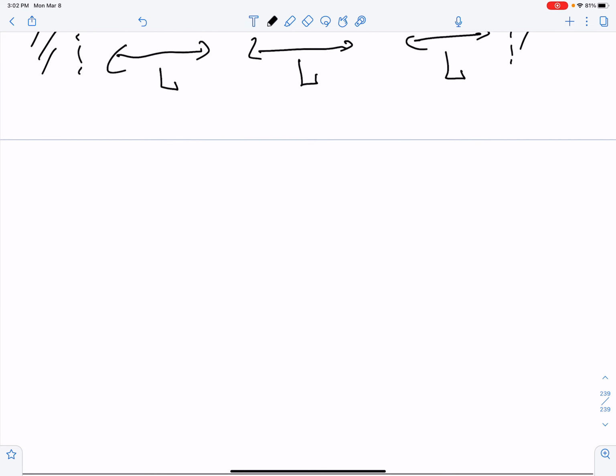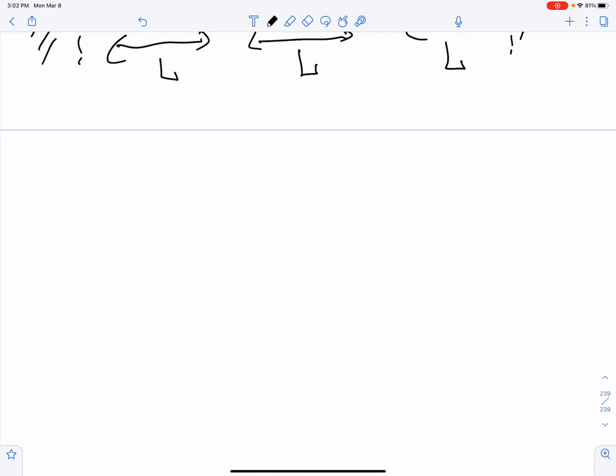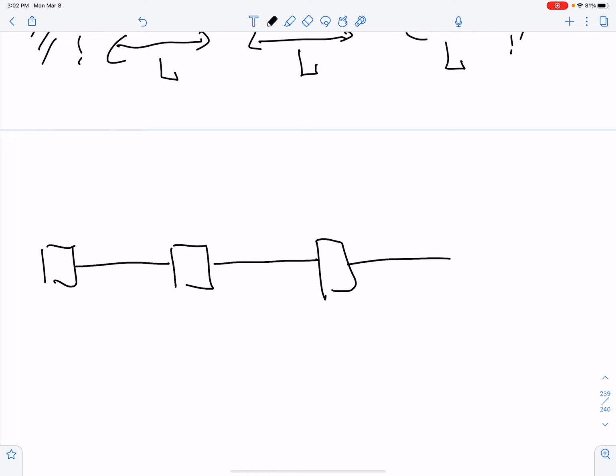We need to label everything. So here's our structure again, 4 nodes: 1, 2, 3, and 4. Now let's identify and label our boundary conditions.